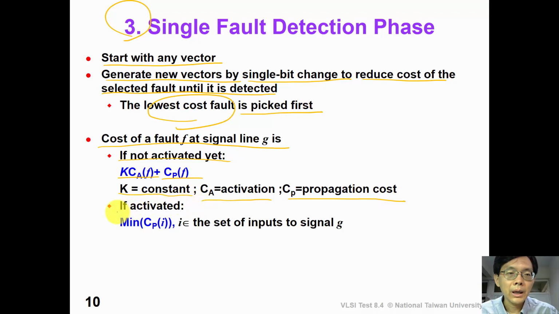If the fault has already been activated, then we would choose the minimum propagation cost of I, where I is the set of all the gate inputs to signal G.